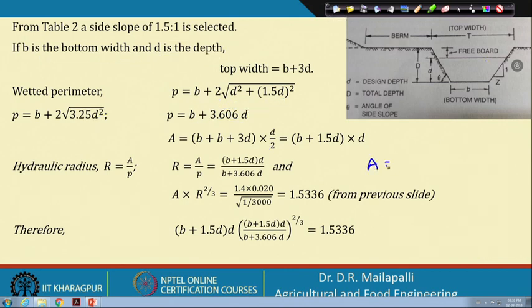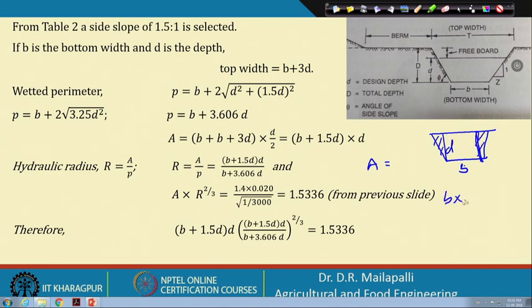So, area of cross section for trapezoidal channels will be: this is one triangle, another triangle, and then this is B and this is D. So, 2 triangles here and one rectangle.